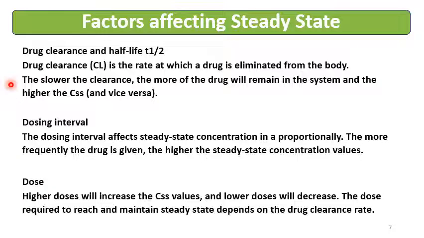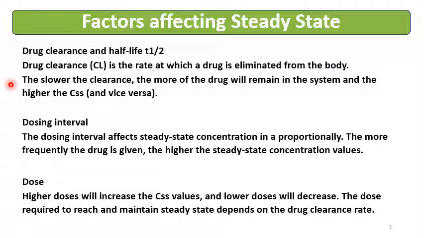The dosing interval affects steady state concentration proportionally. That means there is a direct relationship with the dosing interval. The more frequently the drug is given, the higher the steady state concentration values. And this is very simple to understand. Now dose. Higher doses will increase the CSS value and lower doses will decrease it.